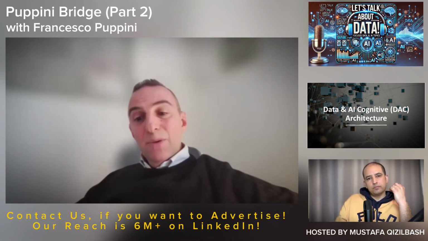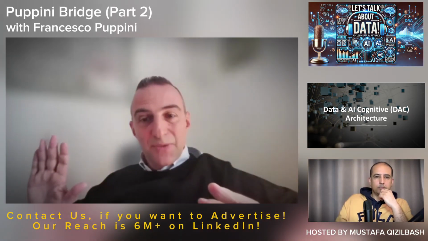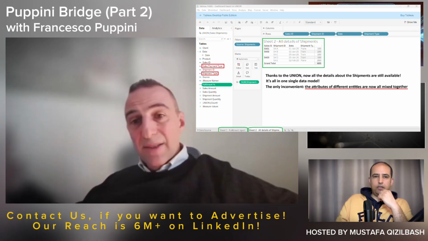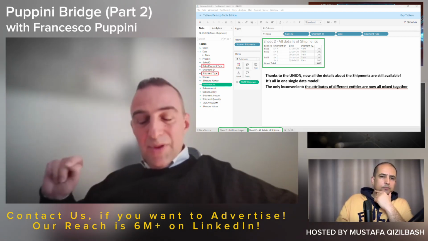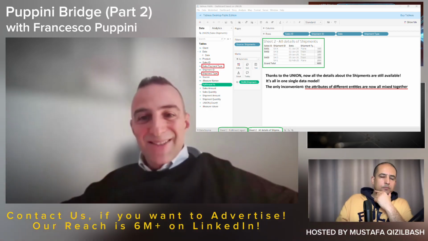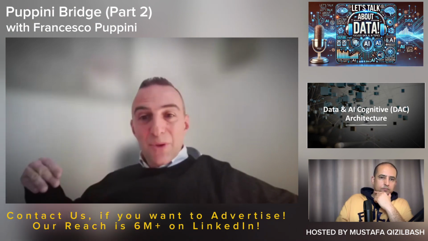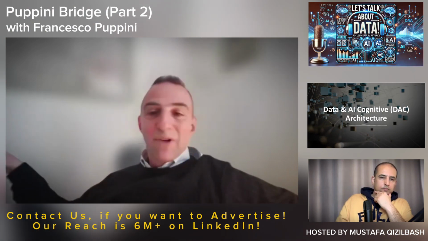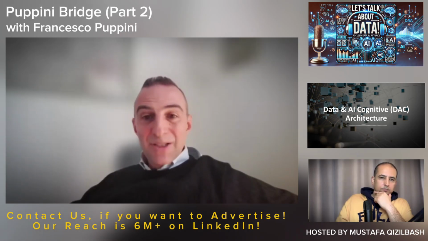So that works. But in the same dashboard, now that you've done the union, we are not at the Puppini bridge yet. You've just done the union. In the same dashboard, you can also see for that row of sales, maybe in another tab, but still reading from the same data set, the 3 dates of those 3 shipments, and if they were traveling by plane or by train, and who was the employee that was taking care of that shipment, all aligned.